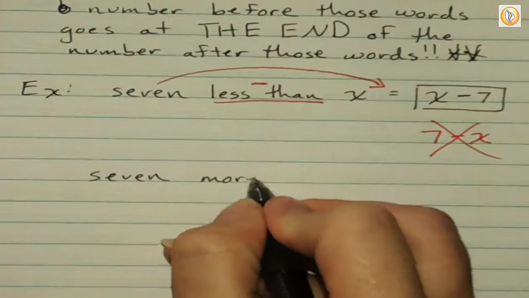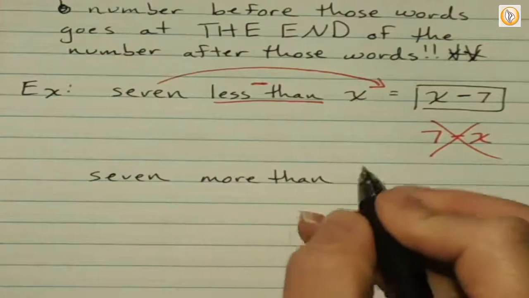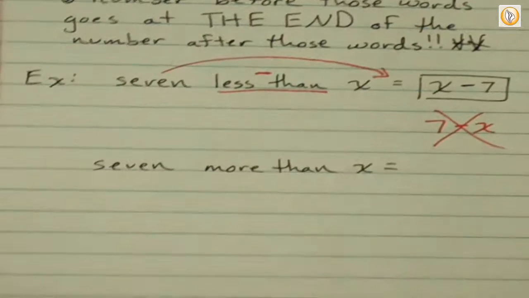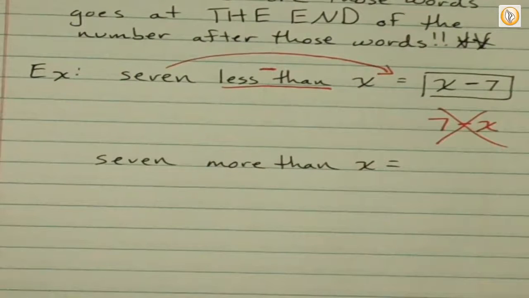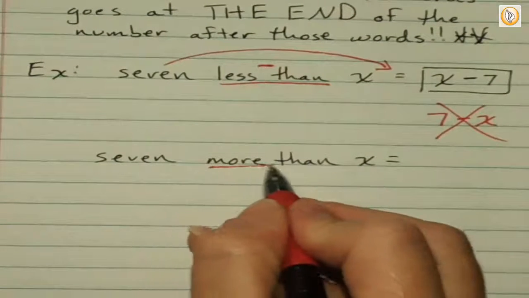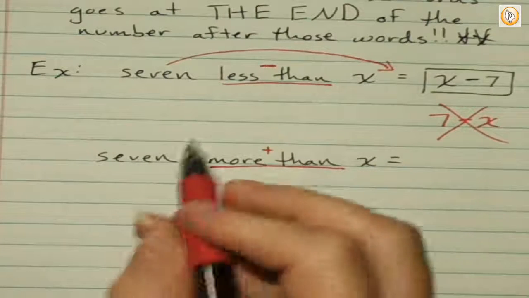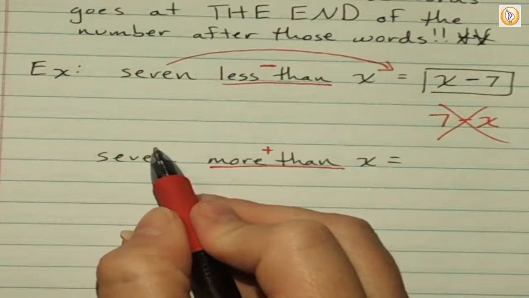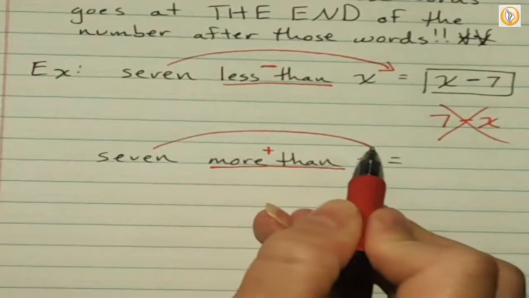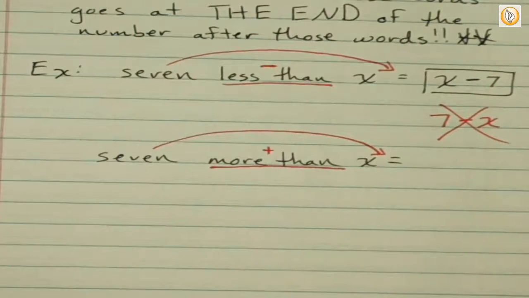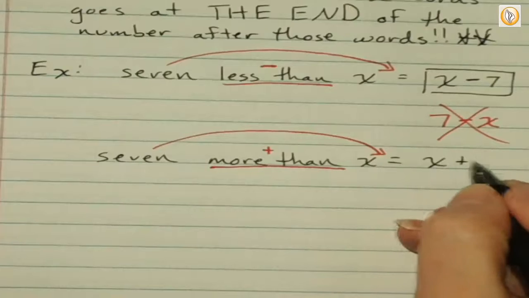Let's do another one. 7 more than X. Kelly, what are the red flag words? More than. Maddie, what does more than mean? Adding or subtracting? Adding. And 7 goes where, Talia? After the X. So then your answer is X plus 7.